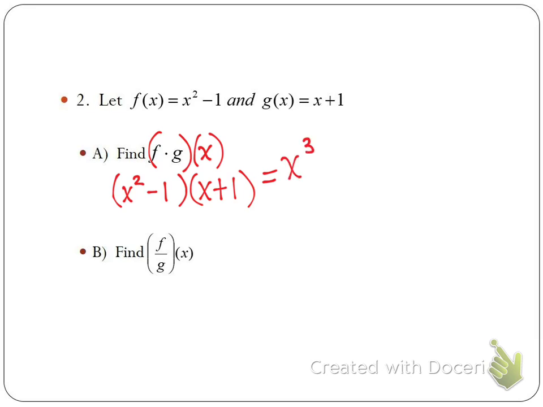X cubed, good. Add the exponents. X squared times 1 plus 1x squared. Negative 1 times x is a minus x, and negative 1 times 1 is a negative 1. Can we combine like terms? No, because there are not any like terms. So that is it. That's our answer.